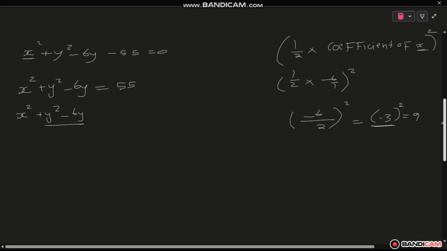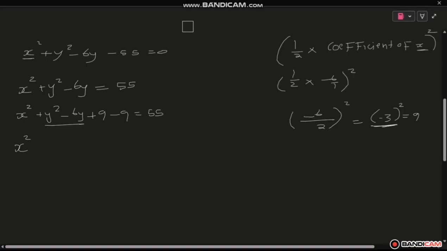Then that positive 9, you add it and subtract it, equal to 55. We cannot use half times the coefficient of x because we don't have it. Therefore, we say x squared plus, you take that step before the answer with its brackets, that negative.